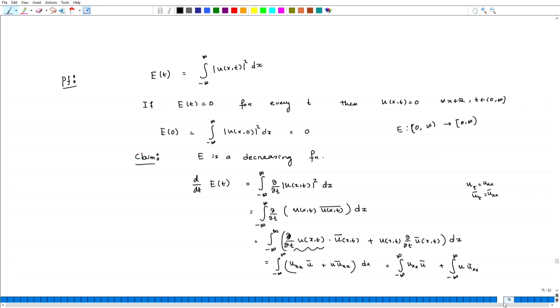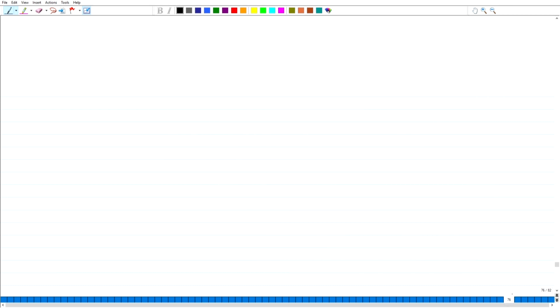So, by applying integration by parts, what we get is u_x u-bar from minus infinity to infinity minus the integral of u_x u_x-bar, plus in the second term also u u_x-bar from minus infinity to infinity, minus the integral of u_x u_x-bar dx.